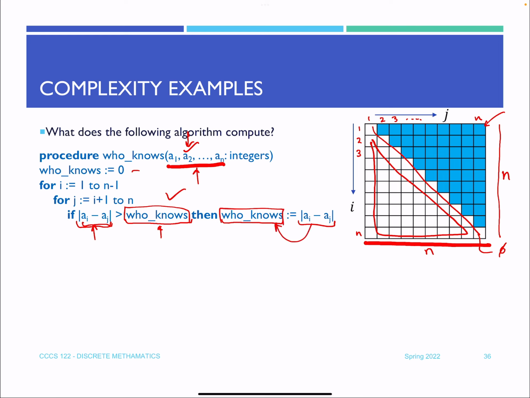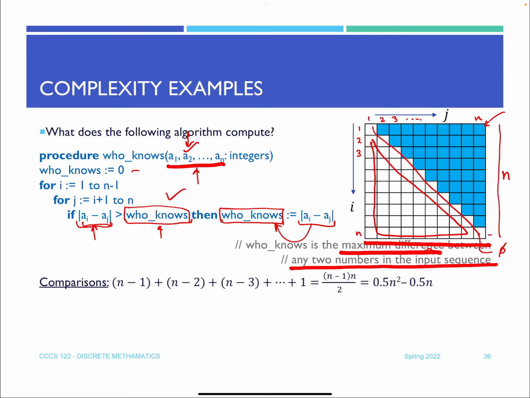So by the time we get to the end of the algorithm, who knows will contain the maximum difference between any two numbers in the input sequence A.